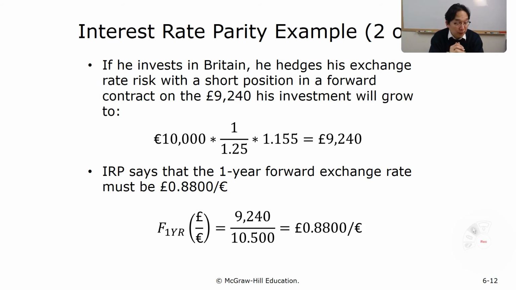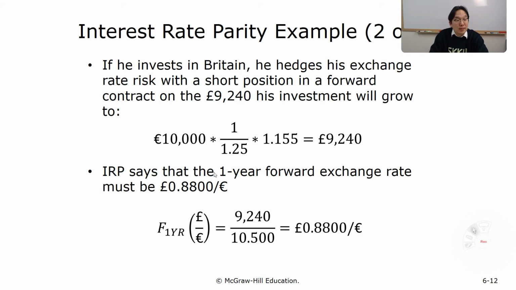So how do we figure out this 9,240 pounds? That is 10,000 euro, divided by the 1.25 euro per pound rate over here, times 1 plus the interest rate of 15.5% in British terms, okay? So that will give you 9,240.